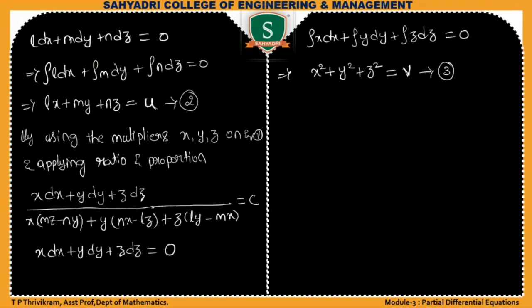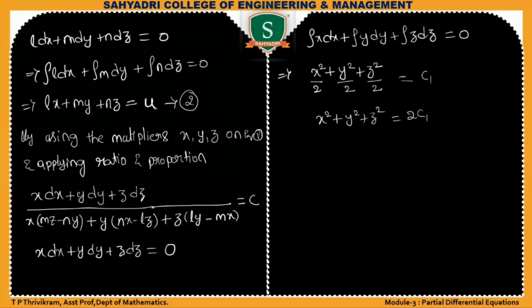Because integration will be what? You may get a doubt, sir, the integration is x square by 2, right? So I can write this as x square by 2, y square by 2, z square by 2 is equal to some constant, some c1 you can take. If you take all this at a time, x square plus y square plus z square is equal to 2c1.